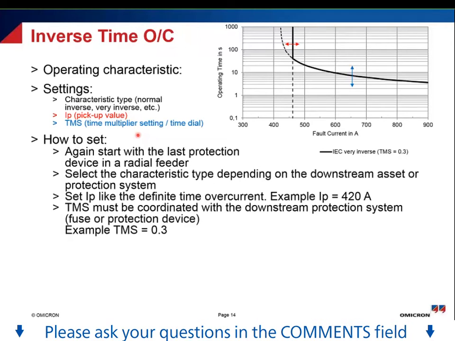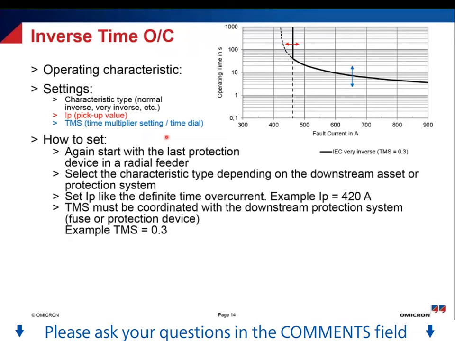And if this is defined, for example, if we choose an IEC very inverse characteristic, then you start to set the pickup value. Once again, the pickup value is defined the same way as for the definite time overcurrent. You need to find a value that is between the maximum load current and the minimum short circuit current.